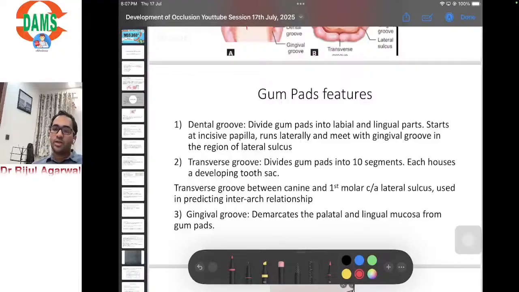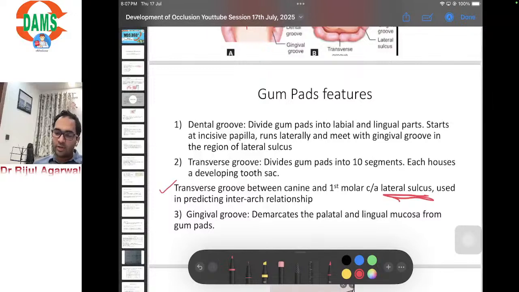Second is the transverse groove. Transverse grooves divide the gum pads into specific segments, that is 10 segments per arch, and each houses a developing tooth sac. There is a special name for the transverse groove present between the canine and the first molar, known as the lateral sulcus.